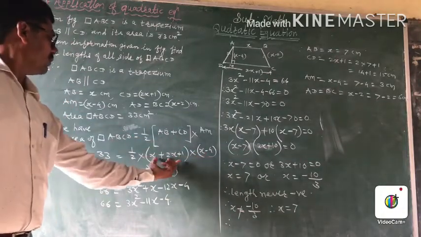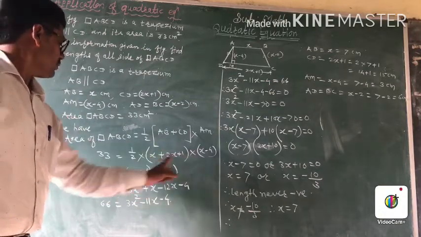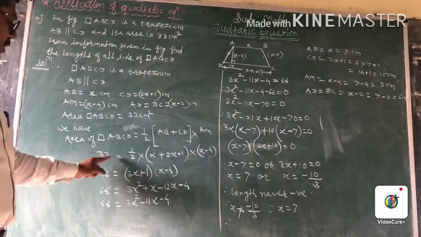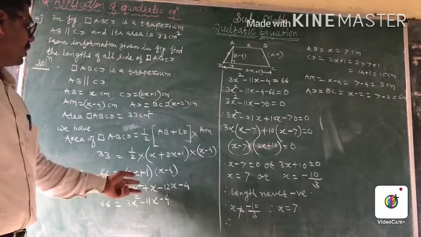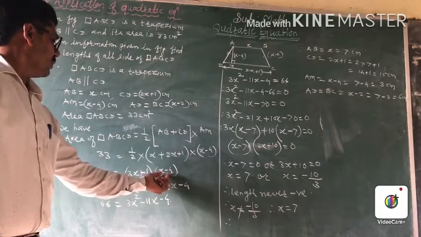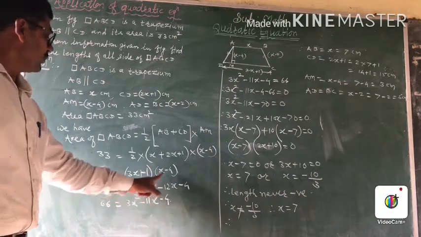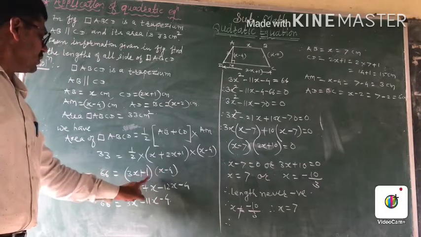Now here in the bracket, x plus 2x is 3x plus 1, into x minus 4. This 2 is to be transferred to the right hand side and multiplied by 33 is equal to 66. Multiplying x minus 4 with this bracket, x into 3x is 3x square, x into 1 is x.